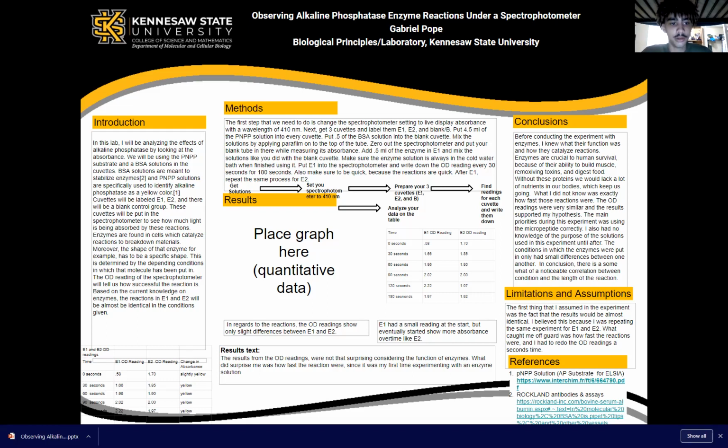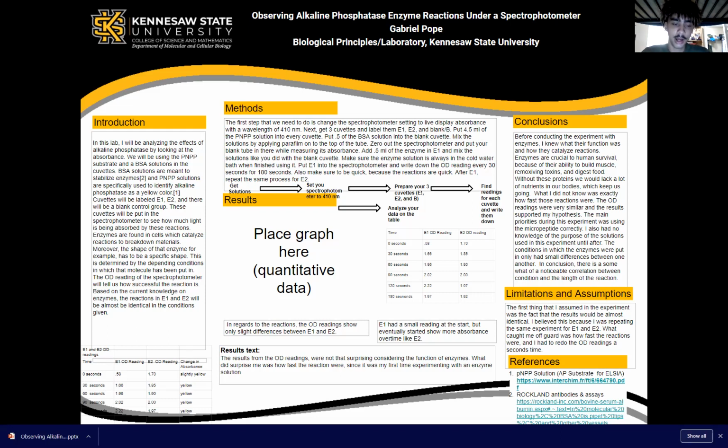They also have to be a specific shape, depending on the conditions the molecule or protein is put in. And we will be using the spectrophotometer to analyze the absorbance, like I said before.